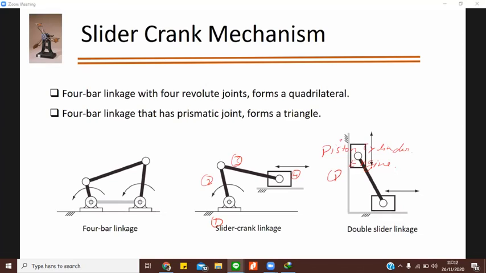Sliders, however many sliders there are, each slider you will consider a different link. Only the fixed link you will consider as one, as a base. So here also you will have 4-bar linkages, but it is a double slider linkage now.